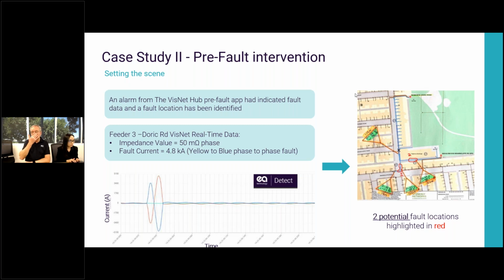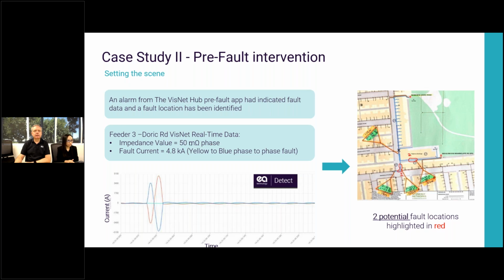This next one, so that was obviously something that had failed, but what it's really done is prove the pre-fault and the fault calculations are effectively the same. In this particular case, the customer has been proactive and taken something out. The alarm from the VisNet Hub on the pre-fault app indicated the fault had been detected.